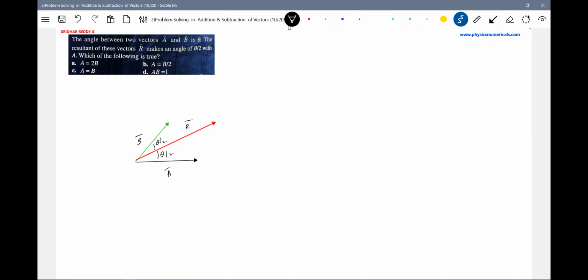What is the angle made by the resultant with vector A bar? Alpha will become theta by 2, and the angle between vectors is theta, already given, so I need not write it. Let me write only alpha. So tan alpha equals B sin theta by A plus B cos theta.